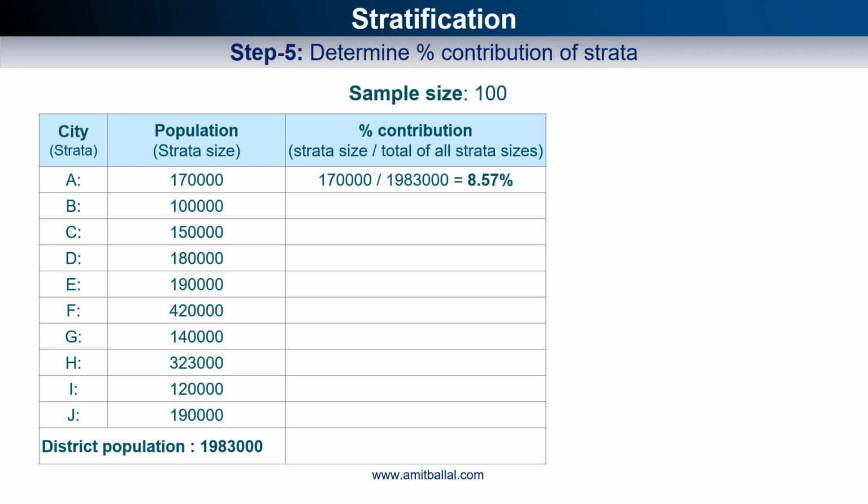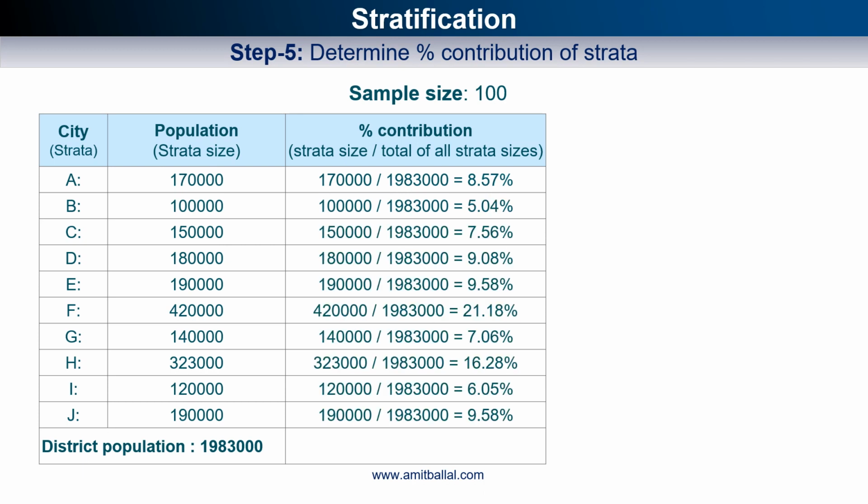We will get an answer of around 8.57%. This means city A contributes 8.57% of the population of the district. In a similar way, we will calculate the percent contribution of each of the strata. These are the answers we will get after calculation.